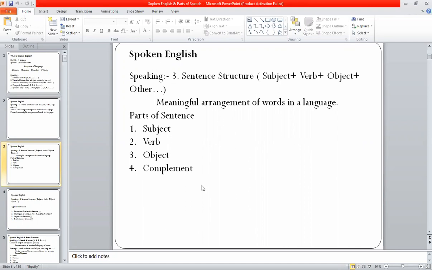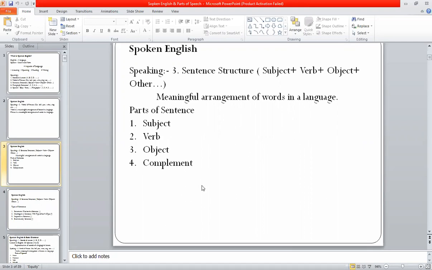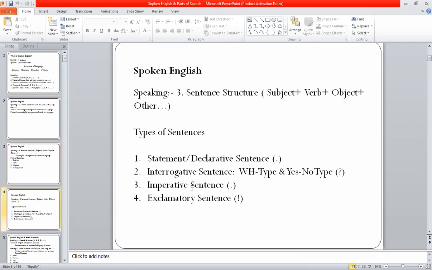So these are called the parts of a sentence: subject plus verb plus object plus complement. With the help of these we form different types of sentences.